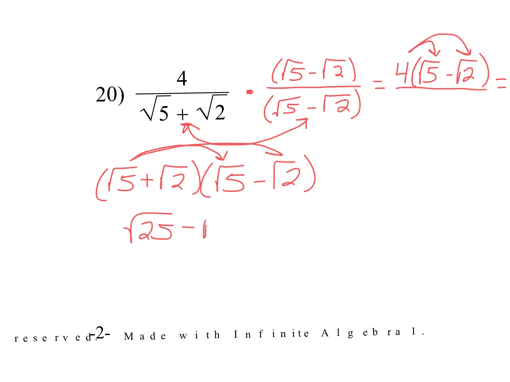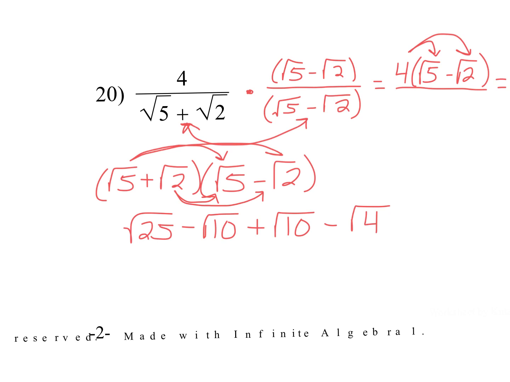Square root of 5 times square root of 2 is square root of 10. Now go on the bottom. Square root of 2 times square root of 5, square root of 10. And then we have square root of 2 times square root of 2, square root of 4. Are we okay?